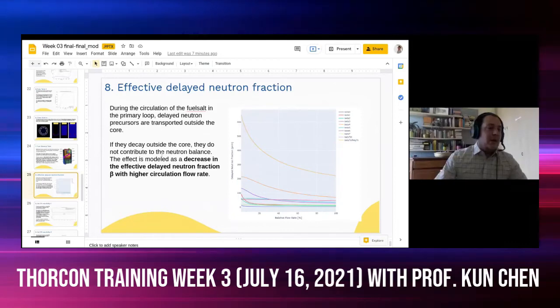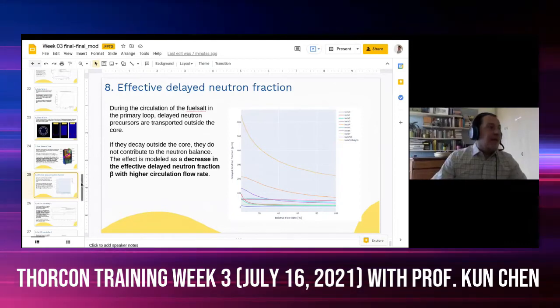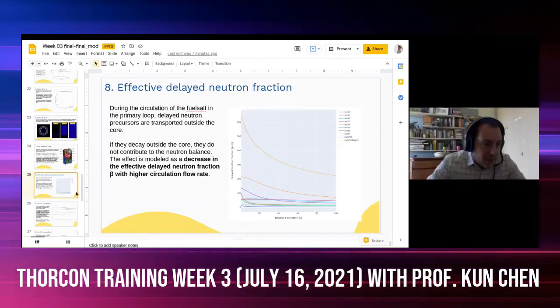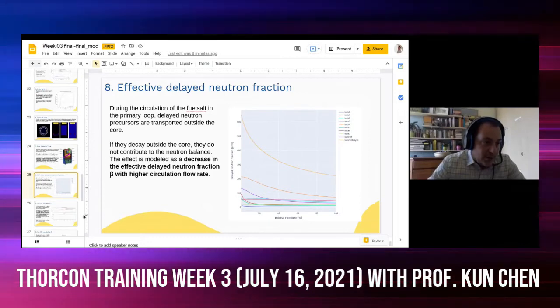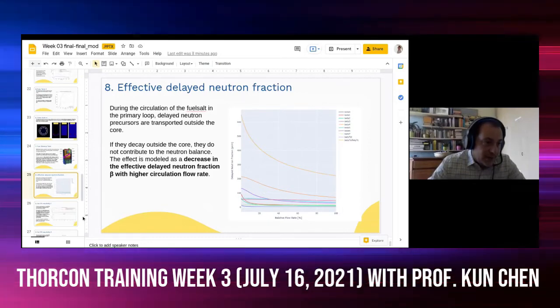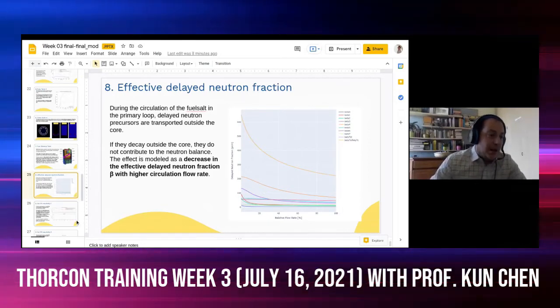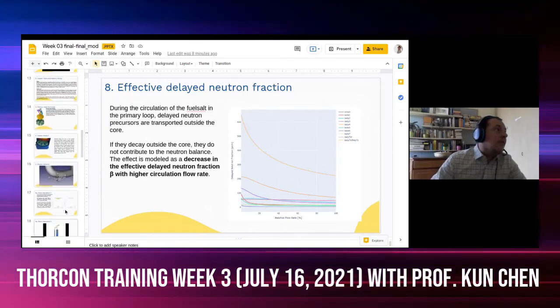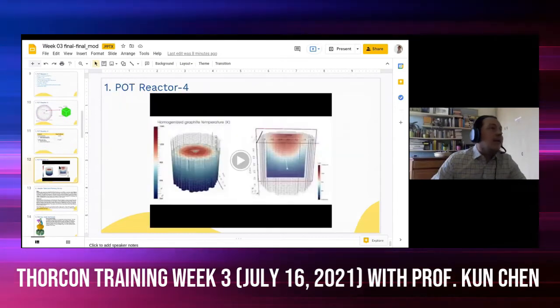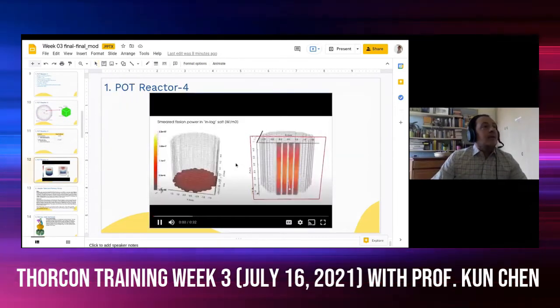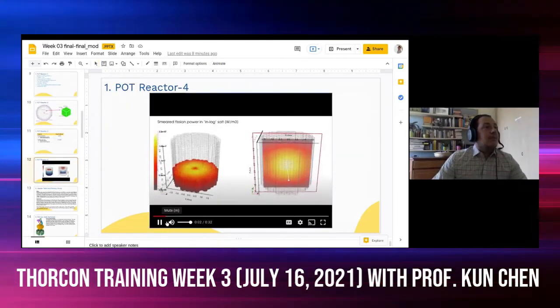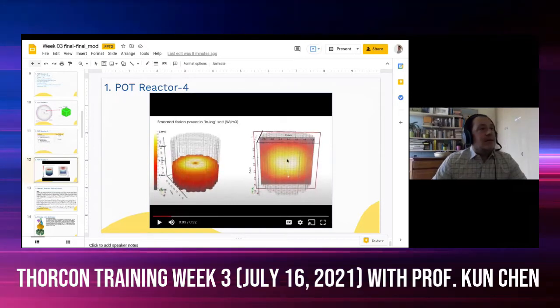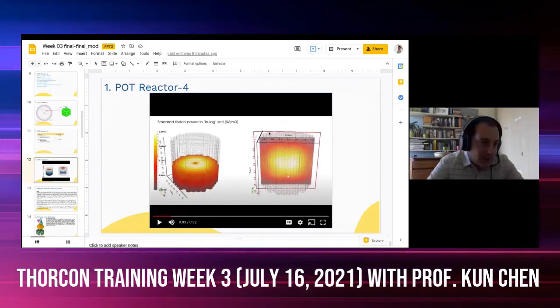Sure, I go back to slide 12. There is a question in the chat elaborating more on the axial distribution of neutron flux and power density on slide 12. So this is the power distribution.